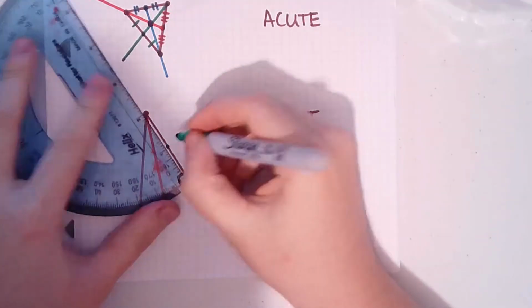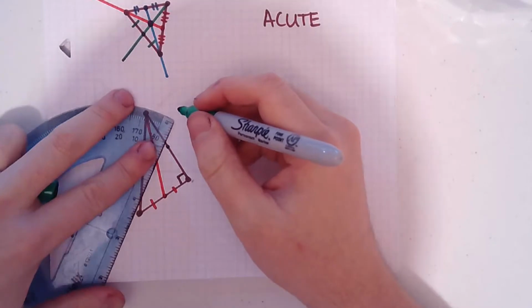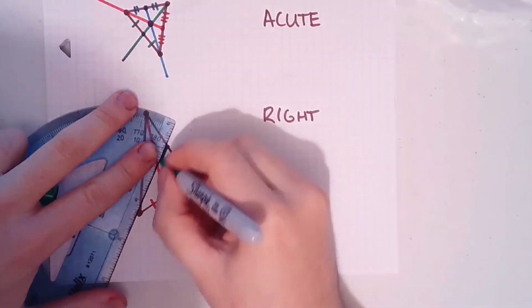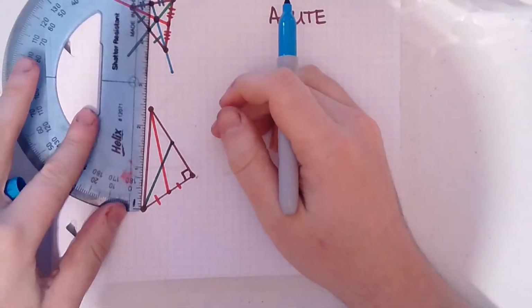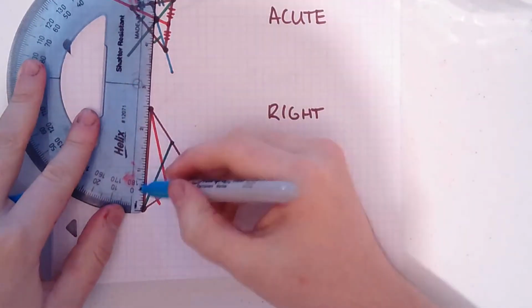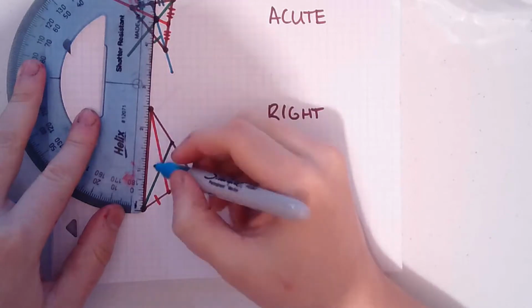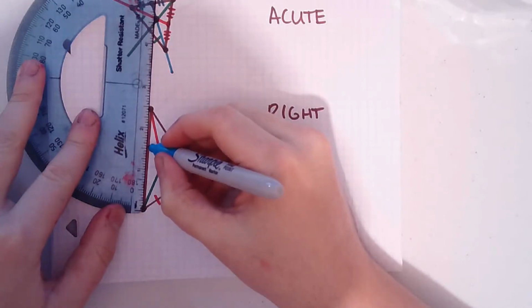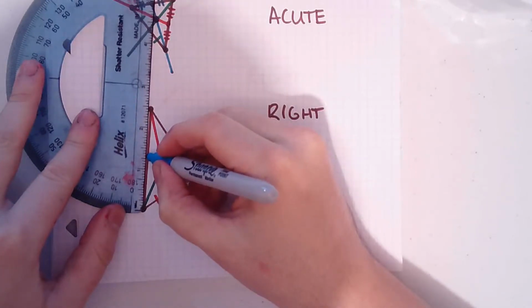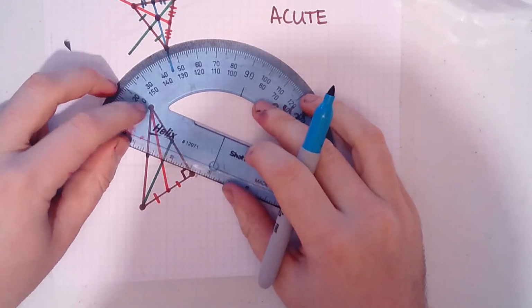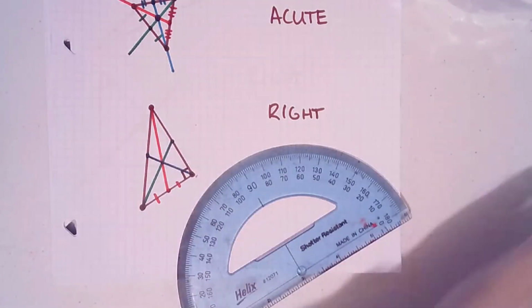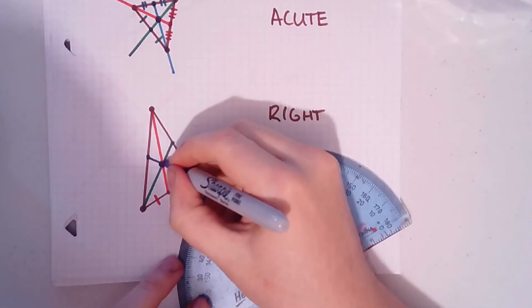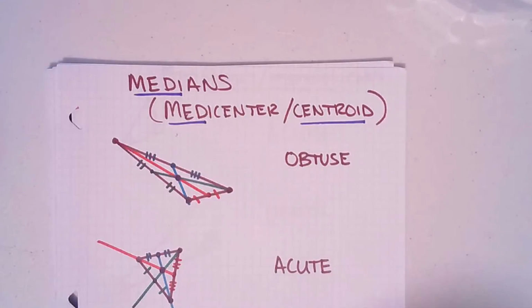So at 1 is about halfway, and if we connect that to its opposite vertice, we get a median like that. And our last midpoint and median will be here. That's about 2.5, so about 1.25, and maybe right there is our halfway point. So if I connect that to my vertice, we get there. So the intersection of all three medians results in the Medicenter, or the centroid.